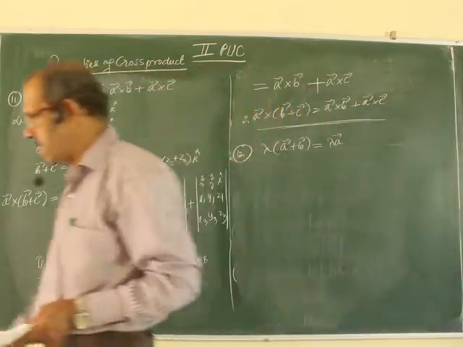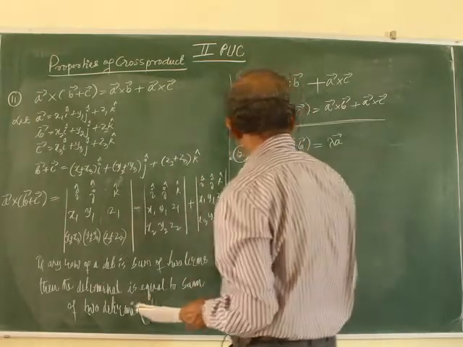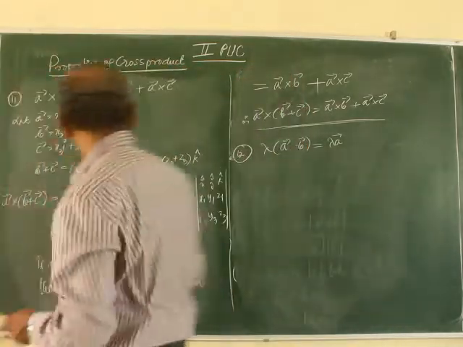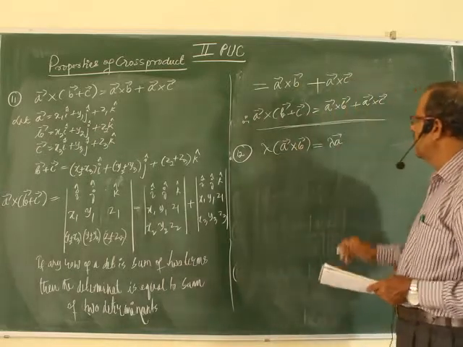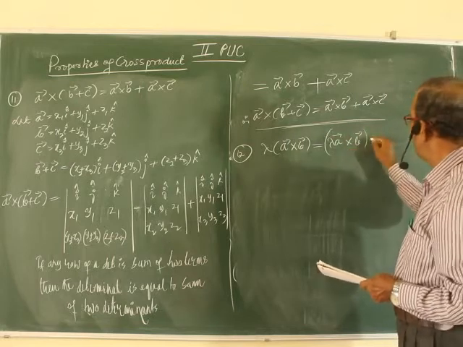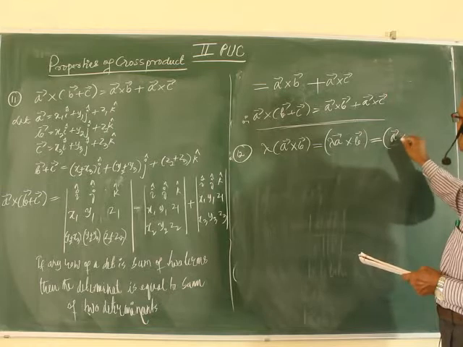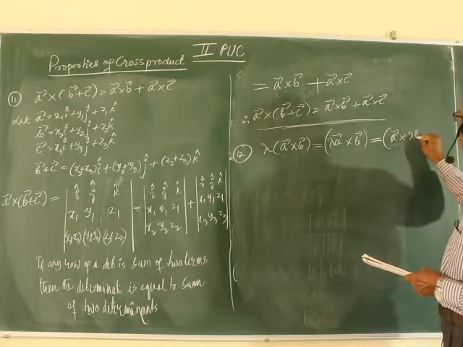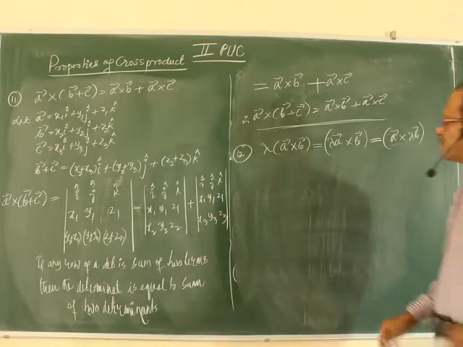I made a mistake here, not A plus B, A cross B. Lambda times (A cross B) is equal to (lambda A) cross B, or also equal to A cross (lambda B).